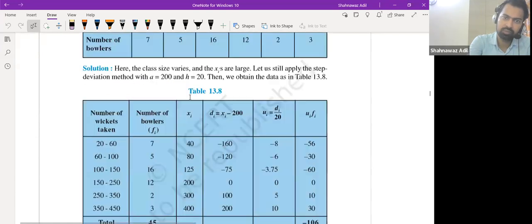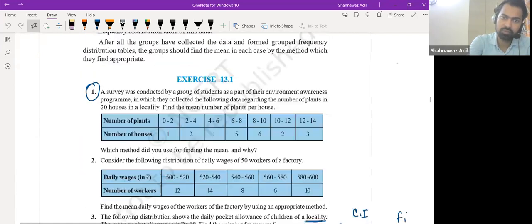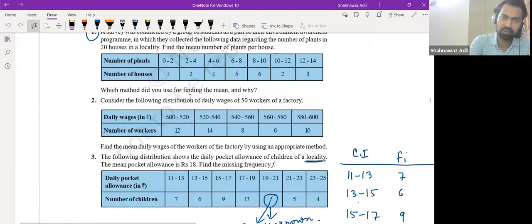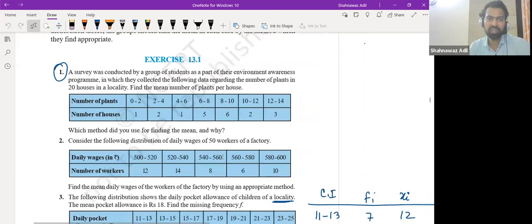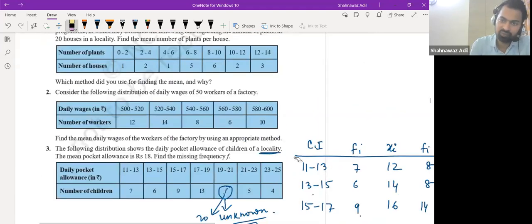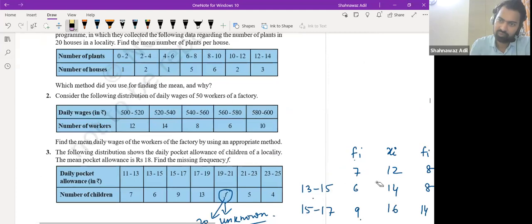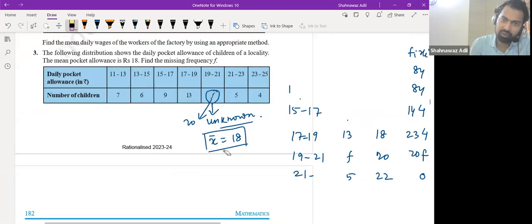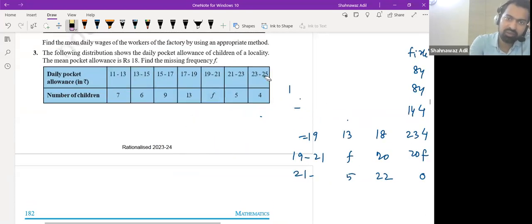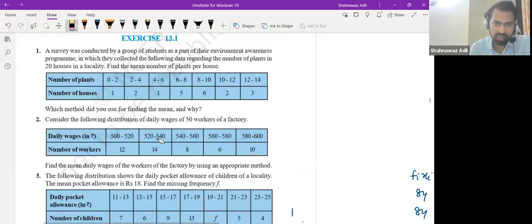But in the exam, to save time, we can use the direct method. Saving time would be the step deviation method, that will save the time. Then that will depend upon the question. In the step deviation method, you have to do the whole process. Like you have to find the di also, then you have to find the ui also. So let's say that you have these kind of numbers, right?